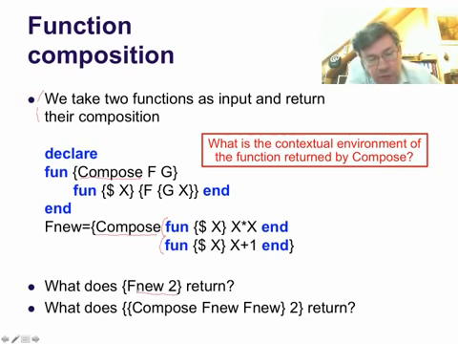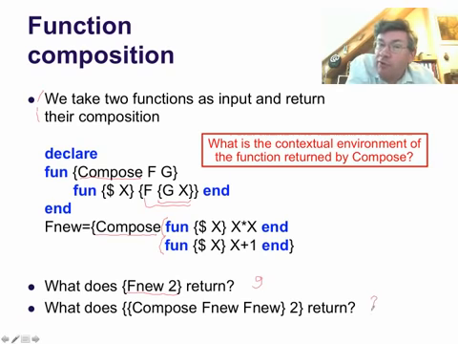So what does fNew of 2 return? Well, we're going to first do g of x, which is 3, and then f of 3 times 3 returns 9. Going a little bit farther, what does applying the function compose fNew to the value 2 return?